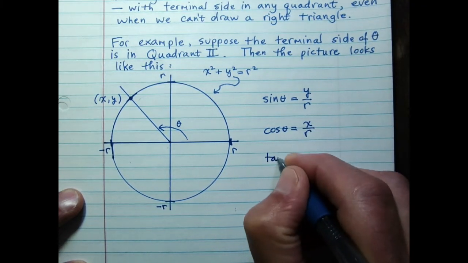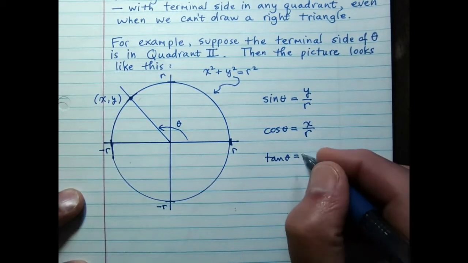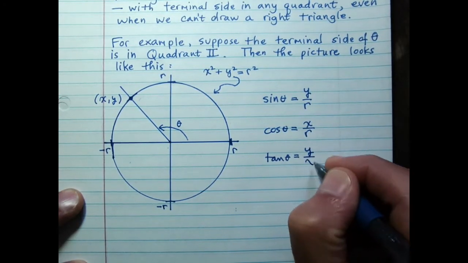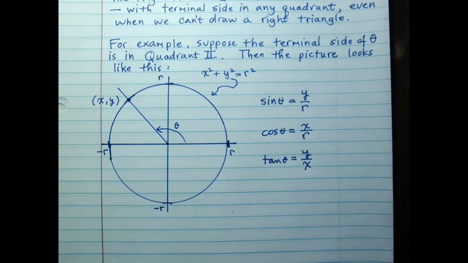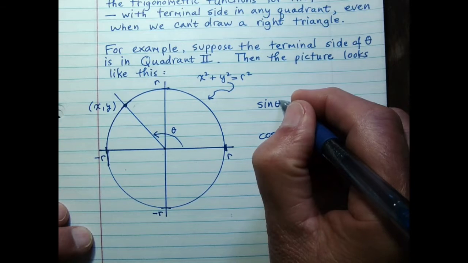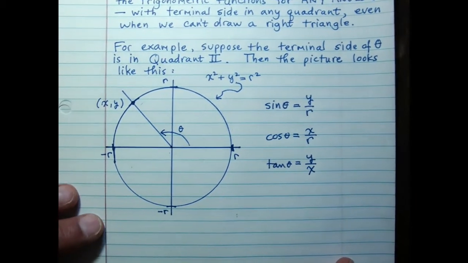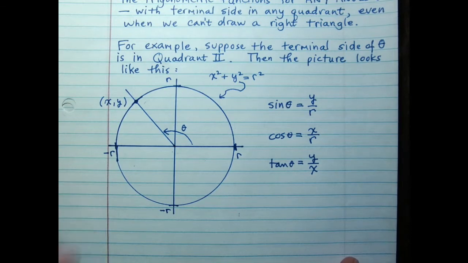And tangent theta is going to be the y-coordinate of that point divided by the x-coordinate. So we are using these ratios to define sine, cosine, and tangent for angles that are not angles in a right triangle.